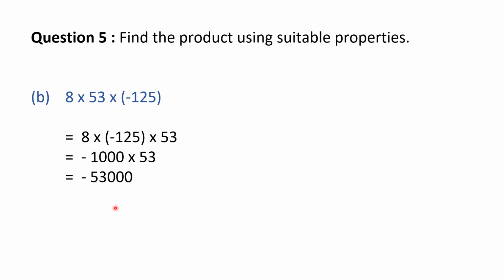So what do we do using the associative property? We keep 8 here itself, we bring minus 125 next, and then we put 53 last. Why did we do this? Because whenever we multiply a number with another number that ends in 5, like 15, 25, 35, etc., you will always get a number with 0 or 5 at the end, so it will be easier to multiply.